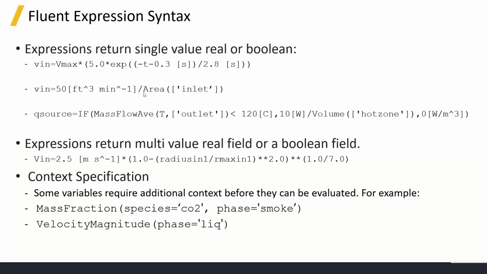So we don't actually have to go and measure that separately. Here we've got a source term of heat, and we've got an if statement. If the mass flow average of the temperature on the outlet is less than 120 C, then the power is this, else it's nothing.